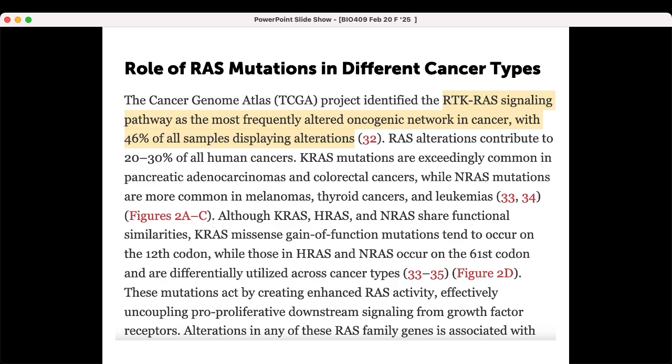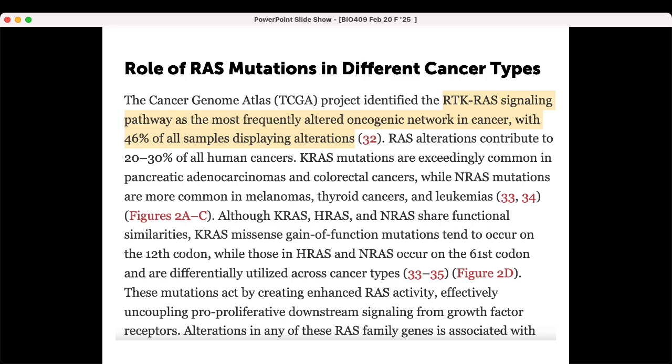So RTK RAS signaling, that's the receptor tyrosine kinase RAS signaling pathway, is the most frequently altered oncogenic network in cancer, with 46% of all samples displaying alterations. They're including mutations in RAF or anything else in the pathway, MYC, like that. So almost all of human cancers are what we're talking about. So good choice.